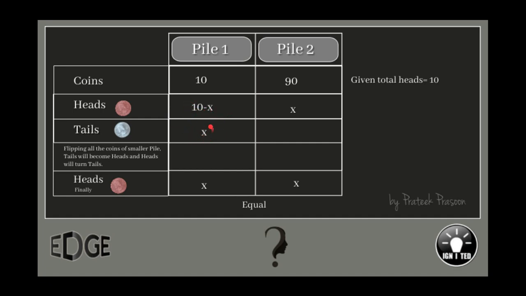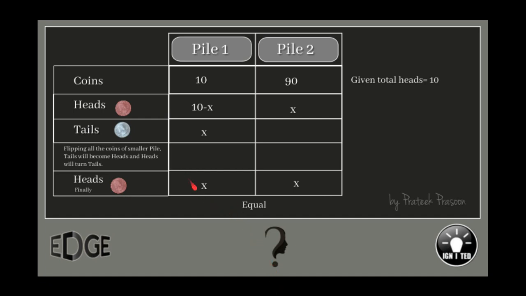If you do that, you will get x plus x. 10 and 10 will cancel. So the number of tails will be x, and here the number of heads will be x. So if the number of tails here is x and here the number of heads is x, we want an equal number of heads, so we'll have to flip the tails. If we flip them, the number of heads is going to become the number of tails, and the number of tails will become the number of heads.